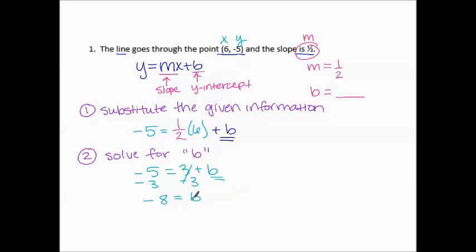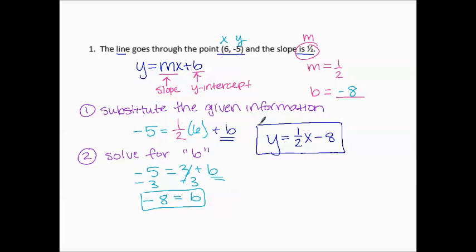So now I know that my b is -8. So when I write my equation completely out, I have y equals, you only substitute in m and b, 1/2 x minus 8. And that is the equation of the line that goes through the point 6, -5 and has a slope of 1/2.